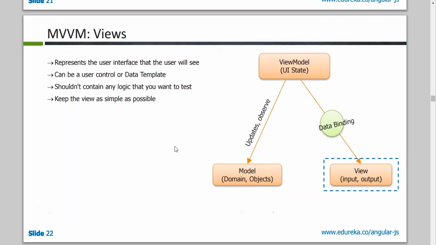That interface takes off all the logic of the views. Maybe on click send an ajax request, on click send an http request. That logic now gets into the view model. The view is as simple as possible, so that you can now go ahead and test your logic separately.